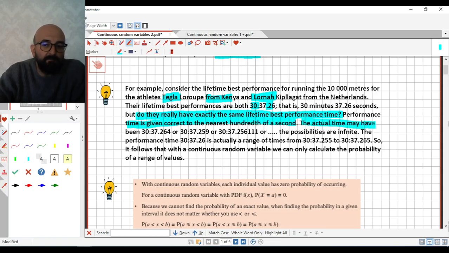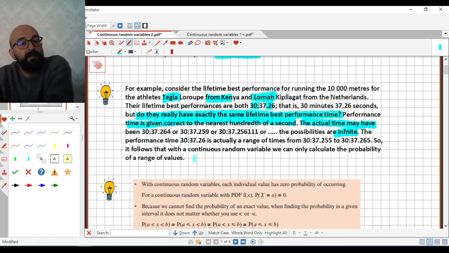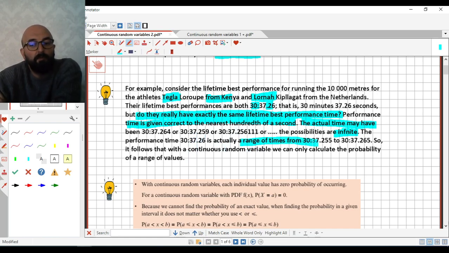The actual time may have been, for example, 30 minutes 37.26264 seconds, or 37.259, or 37.256111, or infinitely many others. The possibilities are infinite. So the performance time of 37.26 is actually a range of times from 37.255 to 37.265.